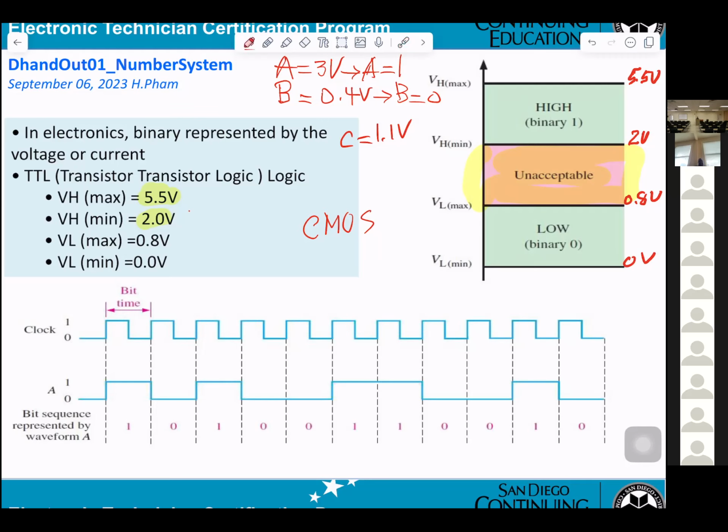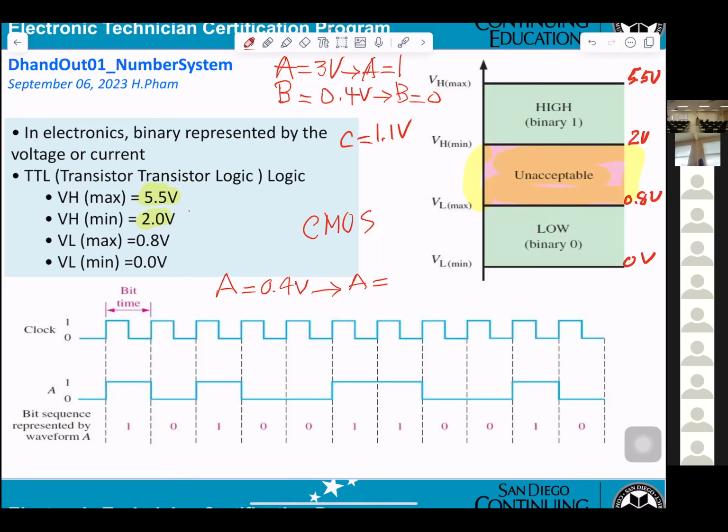I can give you an example. When you get a point A, you measure 0.4 volt. What does A equal? Zero. Low logic, 0.